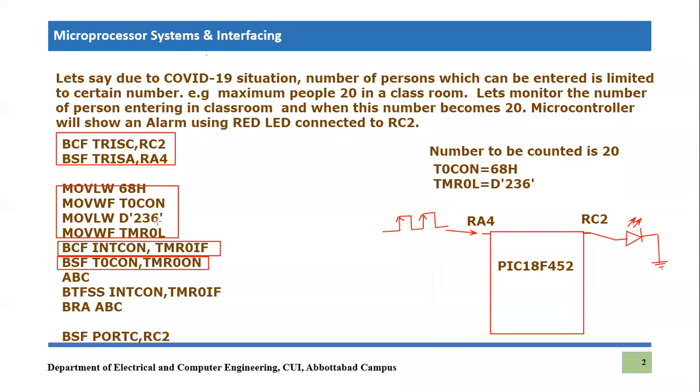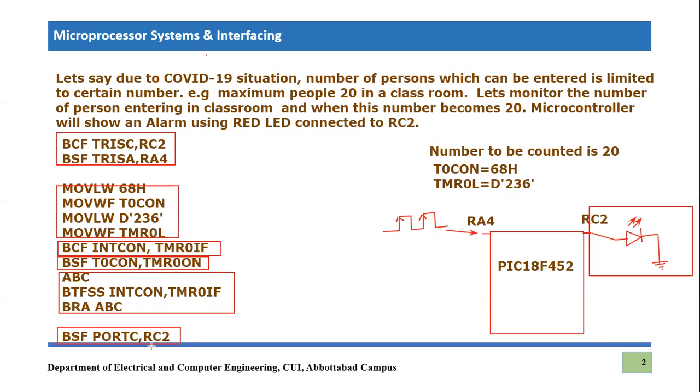And when the 20th person enters, 255 will switch to the reset value, which means rollover will occur, and then this IF flag would become equal to 1, and we will come out of this loop. And then we are turning on this specific LED, by providing PORTC comma RC2 equal to 1, right?